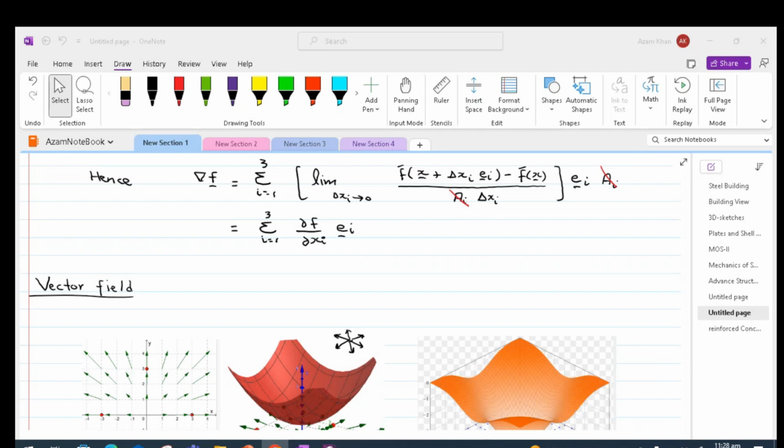For example, we have a gravitational field. In the case of the gravitational field, we assume that there is acceleration due to gravity on Earth, which is 9.8 meter per second square.